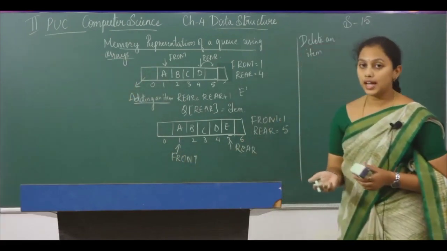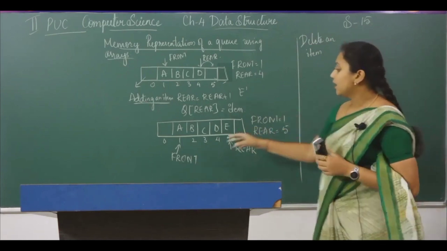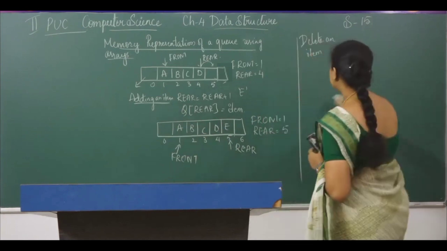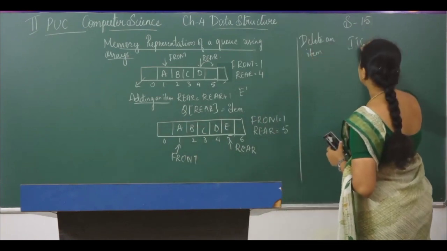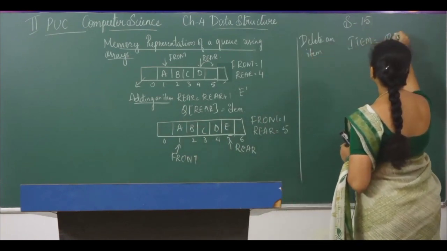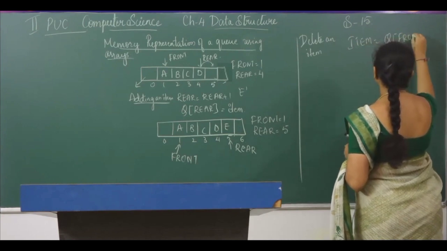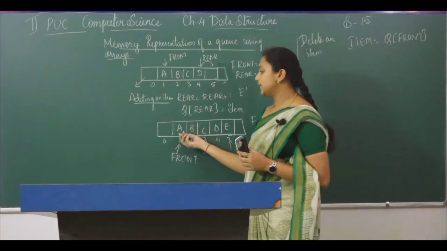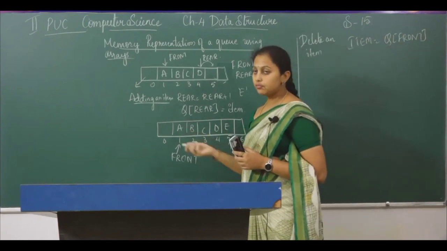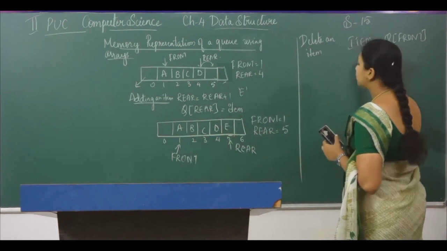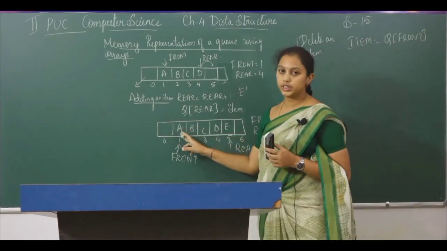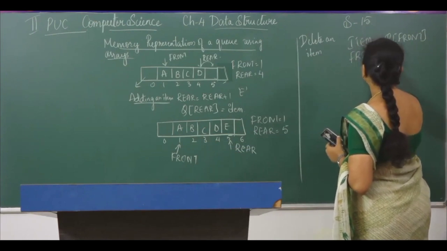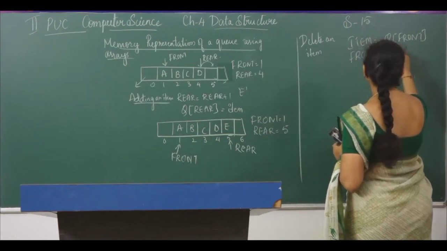While removing an item from the queue, we are removing from the front end of the queue, right? So that is item is equal to queue of front. If I want to delete this item A, then I have to remove it from the front end of the queue. After deleting this, front is going to be incremented by 1.